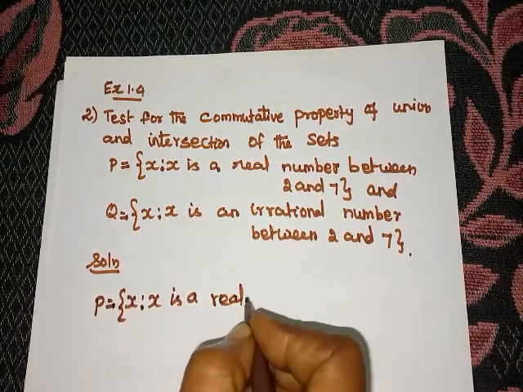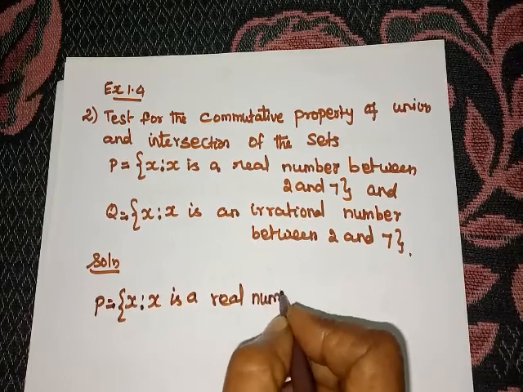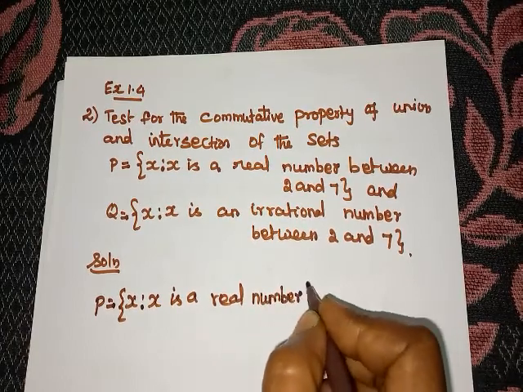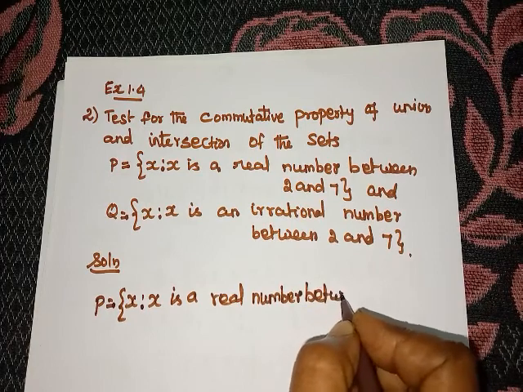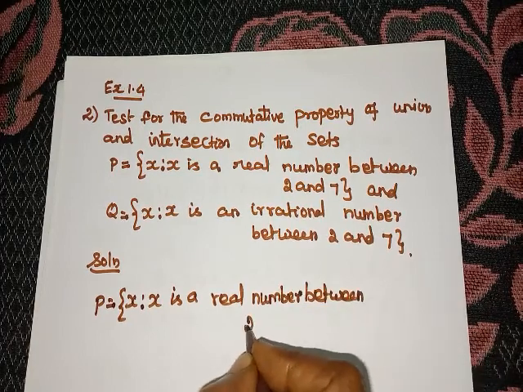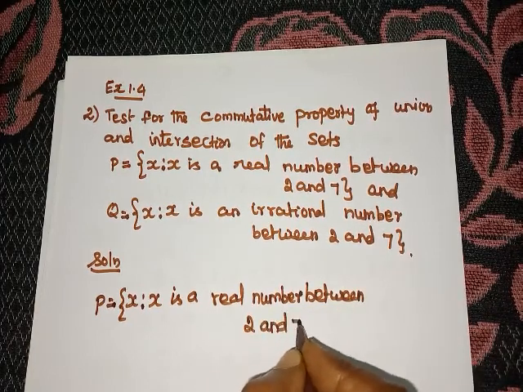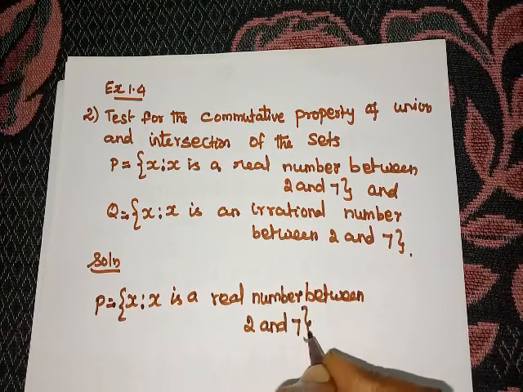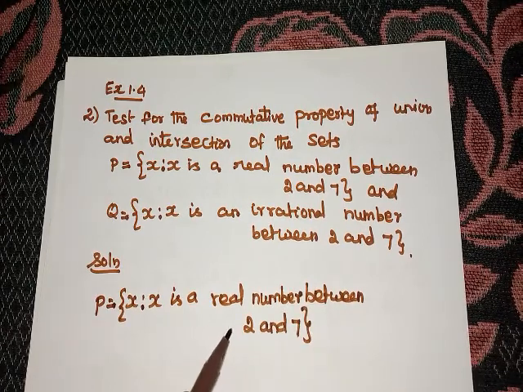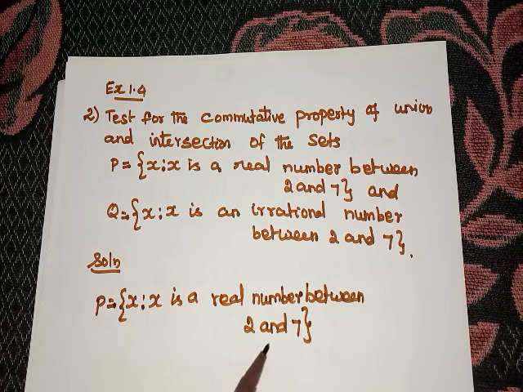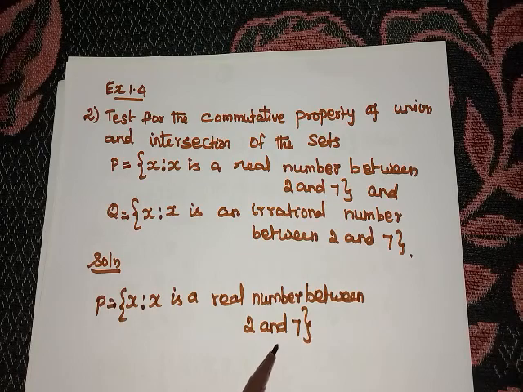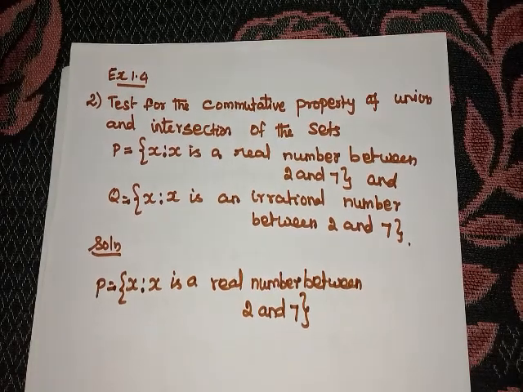Real number means union of rational and irrational. So in between 2 and 7, what are the rational, what are the irrational? All the values will come.